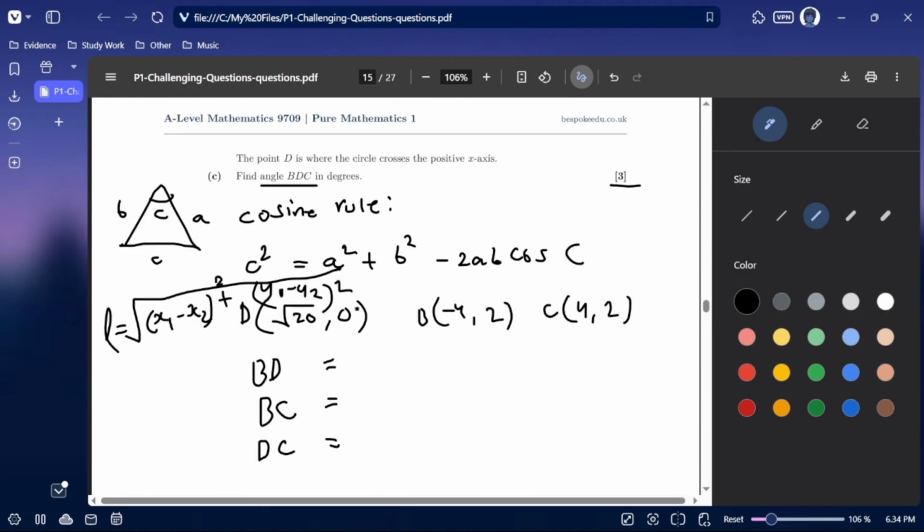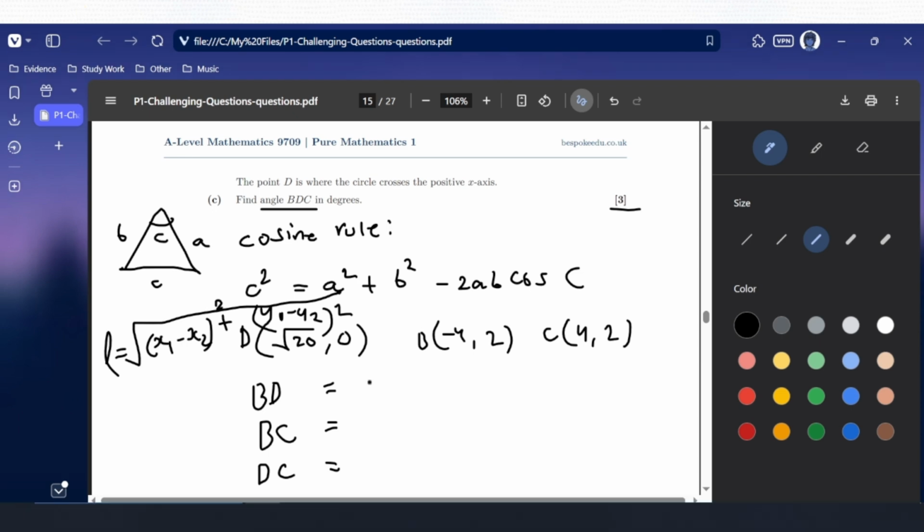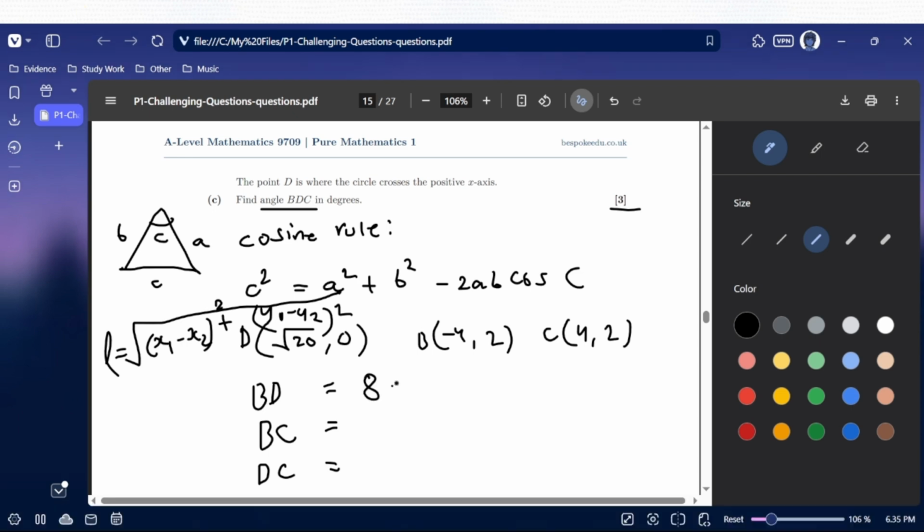Okay, so I'll just use my calculator to find out the lengths. No need to show the working for that. So BD is just root of 20 plus 4 the whole square plus 2 square, which is approximately 8.705.